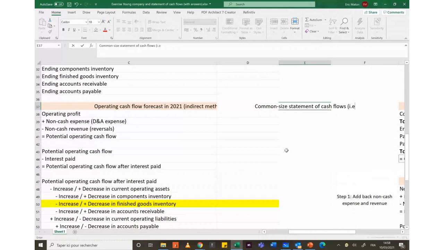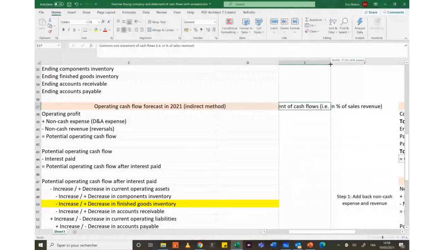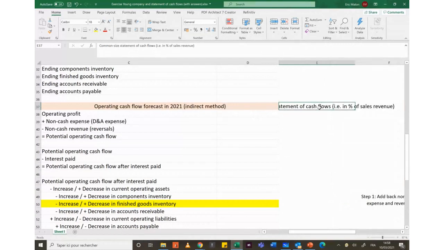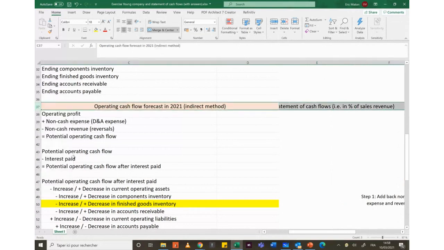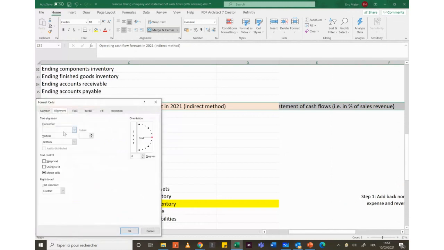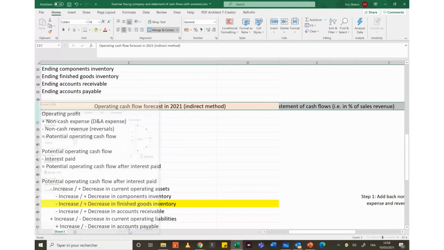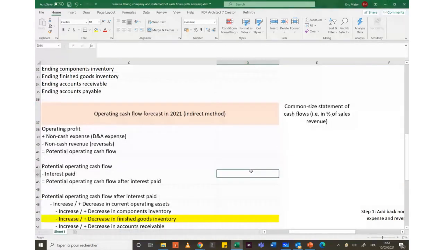So if we want to analyze the statement of cash flows with the common size statement of cash flows, we express it in function of the sales revenue. Okay, so here's the common size statement of cash flow.